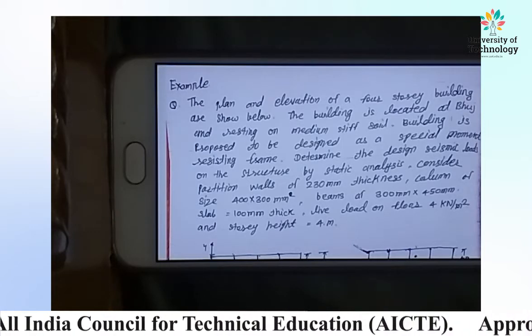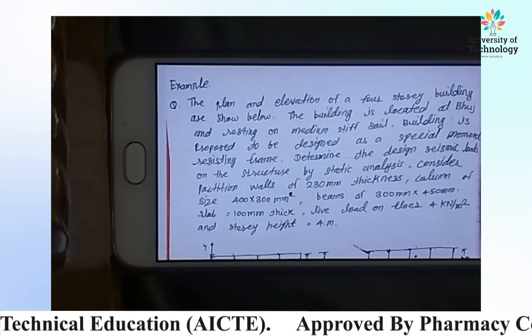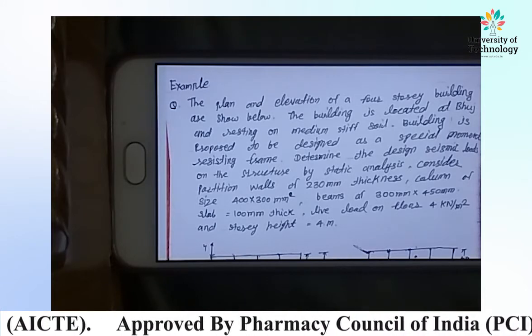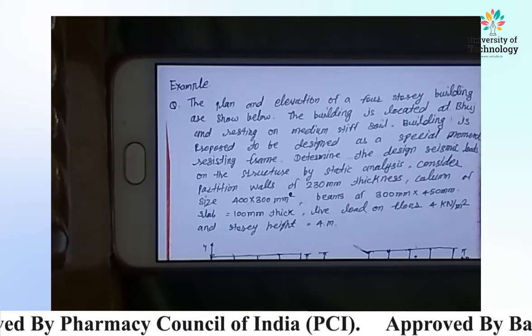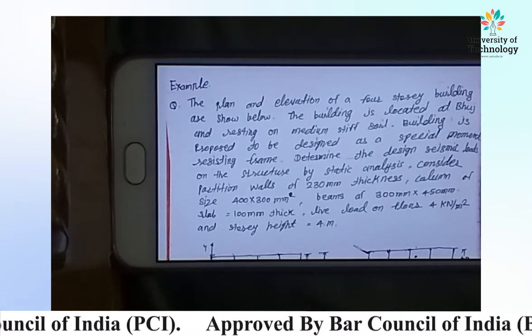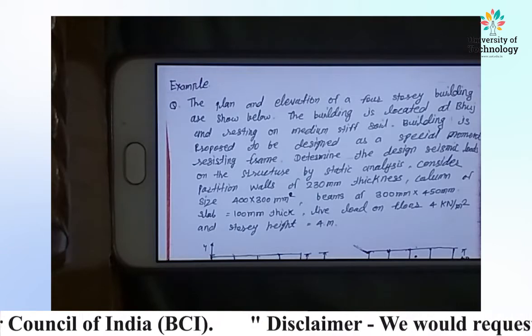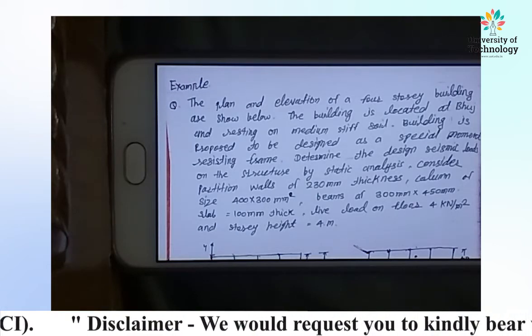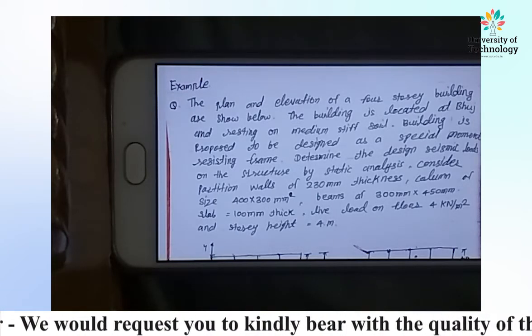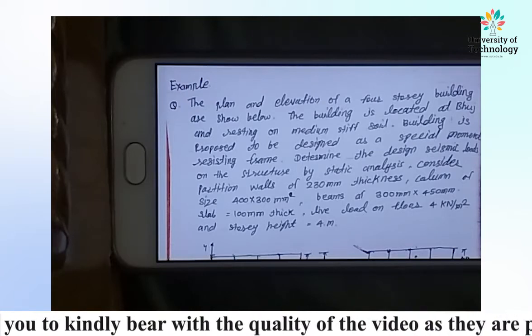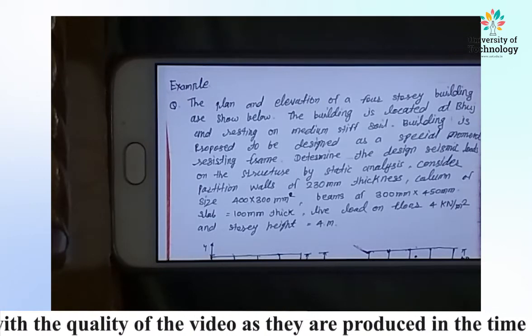As you know, in this question a four-story building is given, having plan and elevation. Size of the building is 15 by 16 meter, as you have seen in the question also.